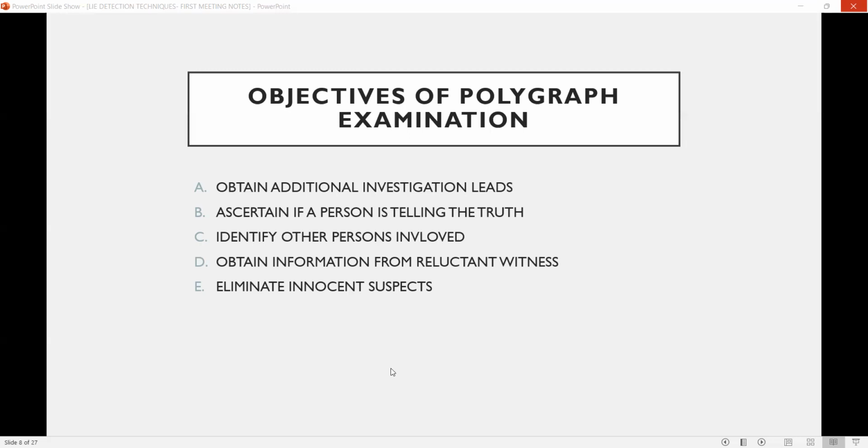And also, the polygraph examiner, by the use of a polygraph machine, can ascertain if a person is telling the truth. By what? How do you ascertain if a person is telling the truth? Of course, when the polygraph examiner analyzes or interprets the result of the exam.